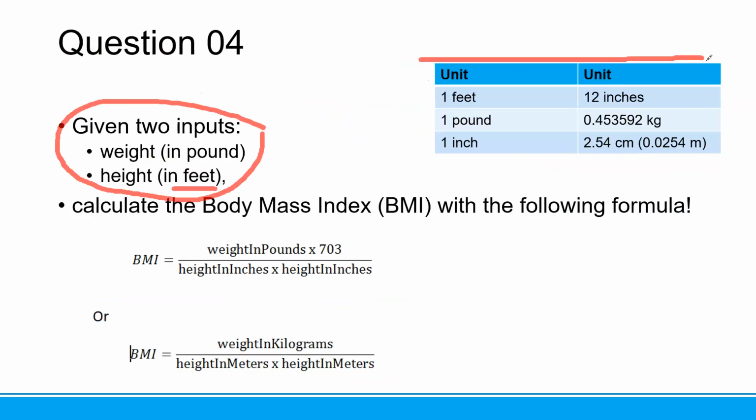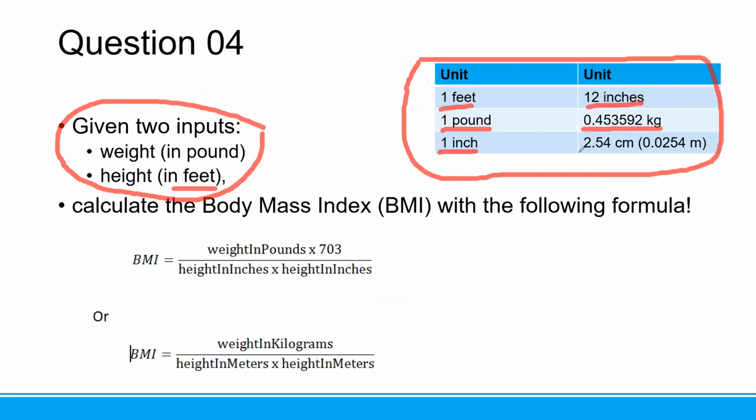Here, I can give you some hint. 1 feet equals to 12 inches. 1 pound equals to 0.453592 kilogram. And 1 inch equal to 2.54 centimeter, or it is 0.0254 meter.